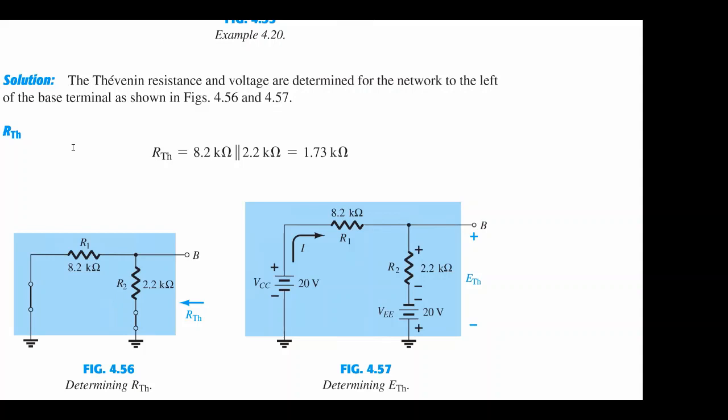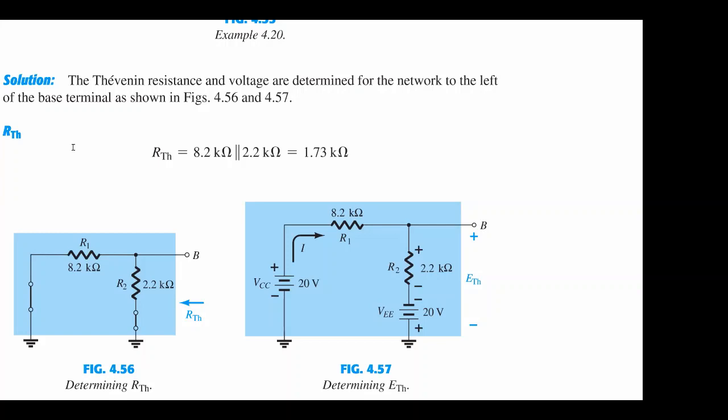And similarly, we need to find the Thevenin equivalent voltage, which is ETH, right? So if you see, the ETH will be figured out from base to the ground. The figure 4.57.